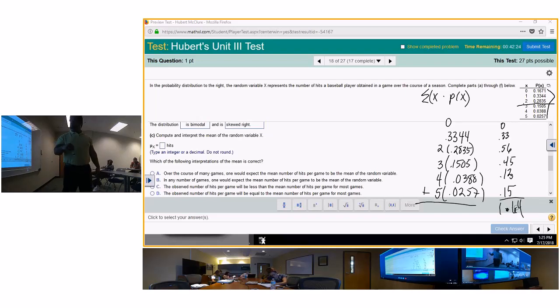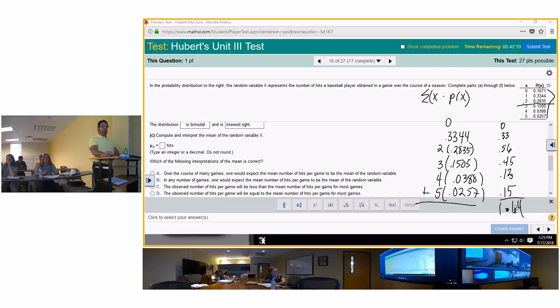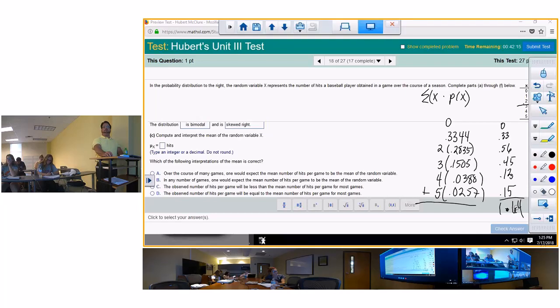What does it say, round to? Type an integer or decimal. Doesn't tell you to round, so we'll be very lenient on that. You got 1.64?